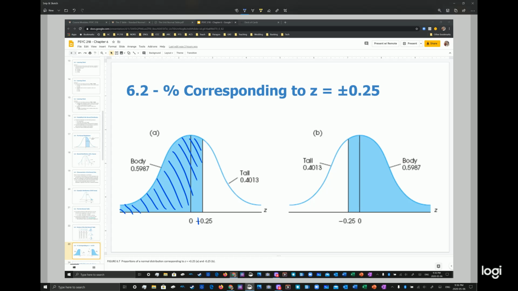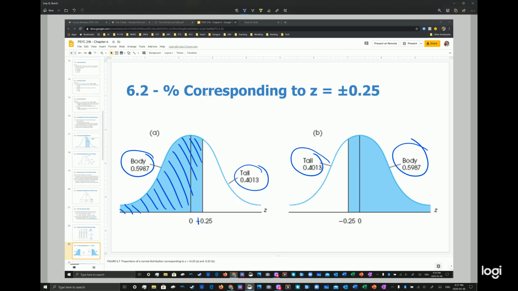And the tail would have 1 minus that. Notice the body and the tail added together, columns B and C, always equals 1.